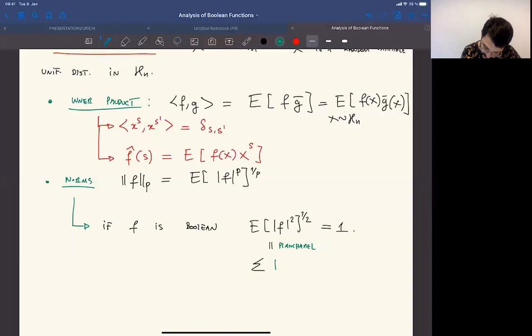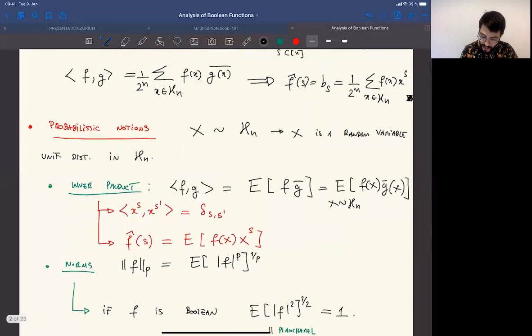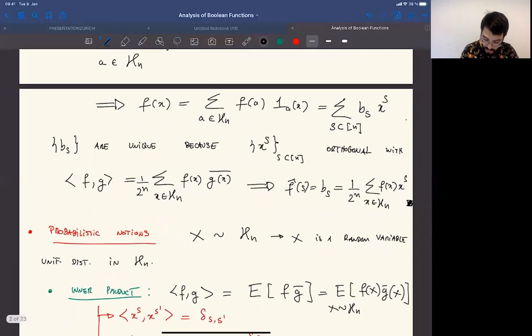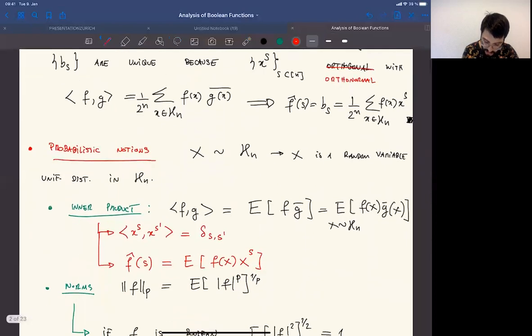But in any case, this has to be the sum of the squares of the Fourier coefficients. And we actually know, I forgot to say, this is more than just an orthogonal basis, it is orthonormal, because this is actually a delta.